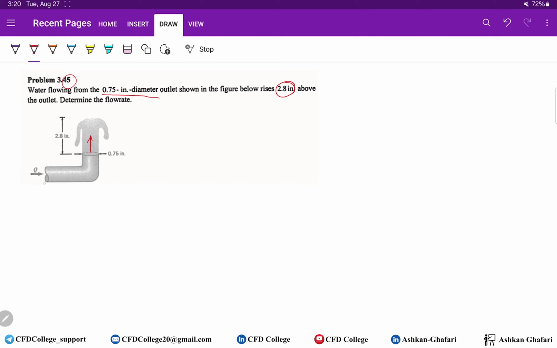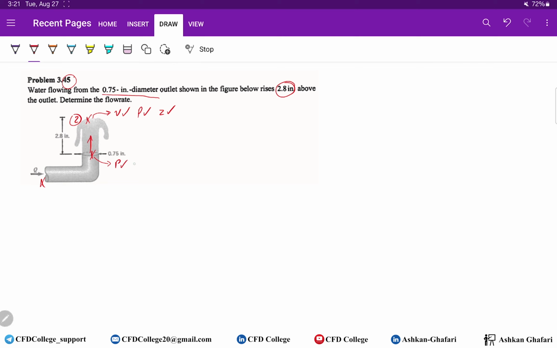So let's examine different points. We have 3 points here, here, and here. For this point, as you know, we have velocity, because here velocity of the fluid is 0. So we have velocity, we have pressure, and we have the elevation. So this is one of our key points. So this is point 2. At this point, we know the pressure, because here at the exit we have atmosphere.